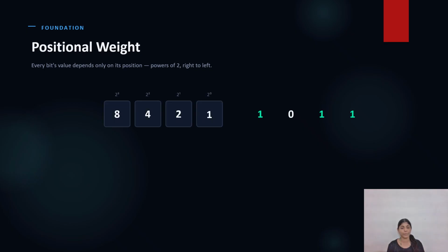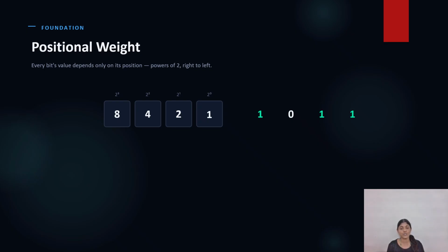Next, I have mentioned four numbers, 8421. What is this 8421? It is a code, right? Where did you study this 8421 code? In the hex representation.